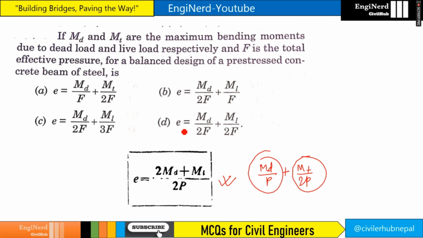Sorry, this is L in this case, right? So the answer is given as e is equal to MD by 2F plus ML by F in the Augur book. The answer is given as B in the Augur, but in the textbook it is as this. So this will be similar to this, right?